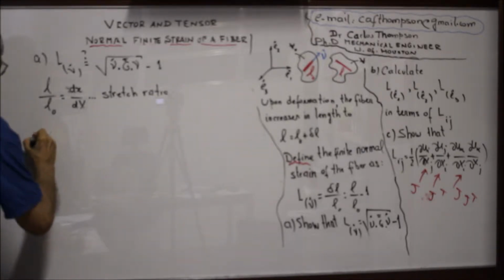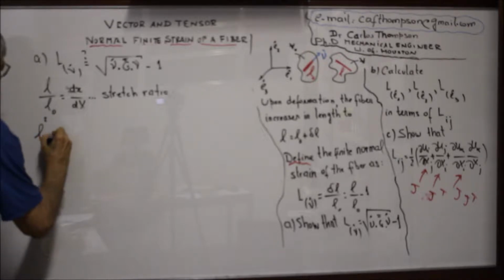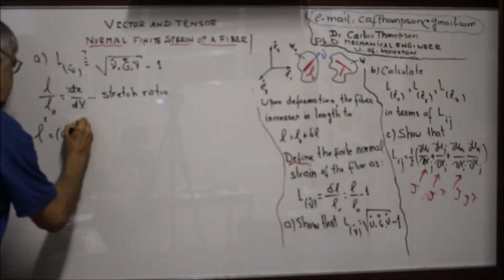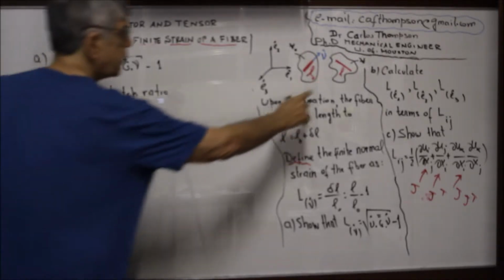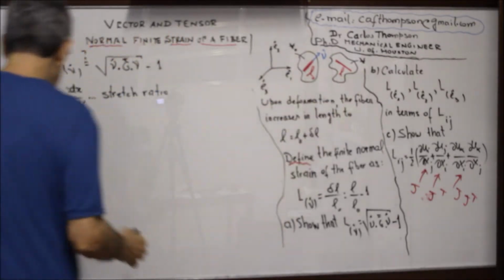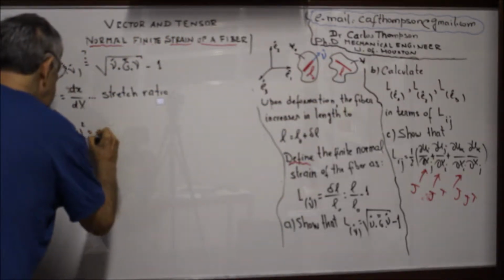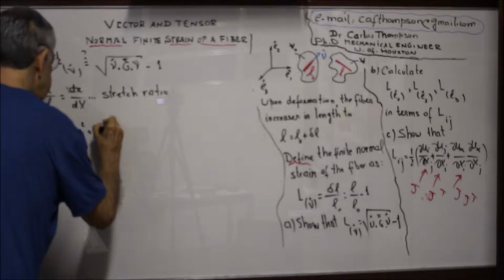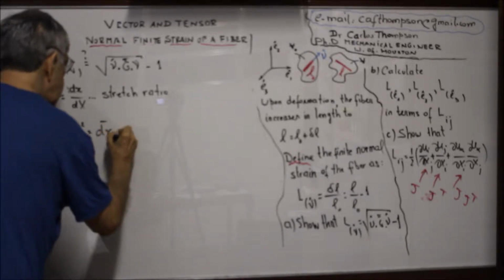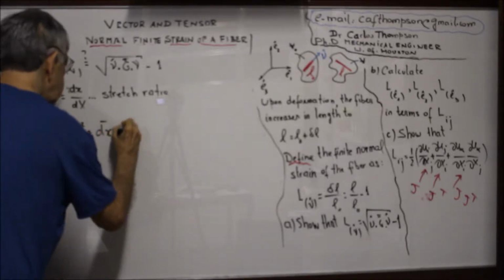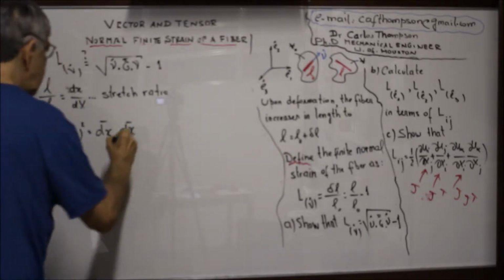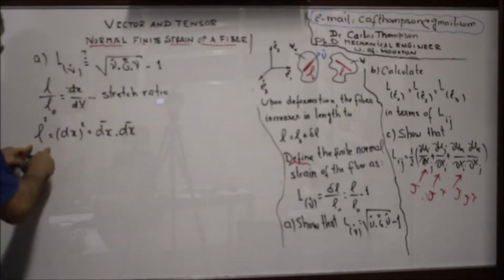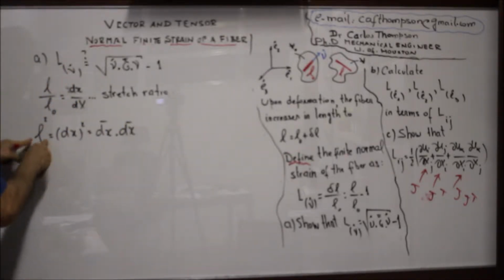Now, let's calculate then. You see L square is dx square. You see, this is after the deformation. This is L over there. This is equal to dx dot dx. This is a scalar quantity, okay? Its dimension is square length.